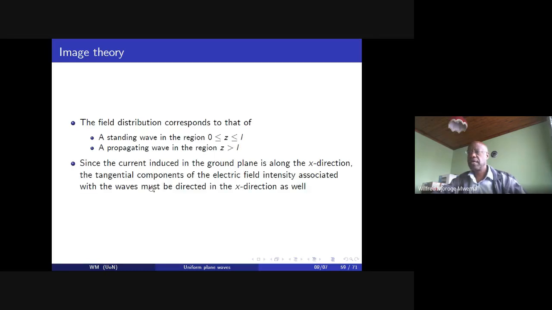L. Now, because the current induced in the ground plane is along the x direction, the tangential components of the electric field intensity associated with the waves must be in the x direction as well, because the current density is pushed by an electric field.